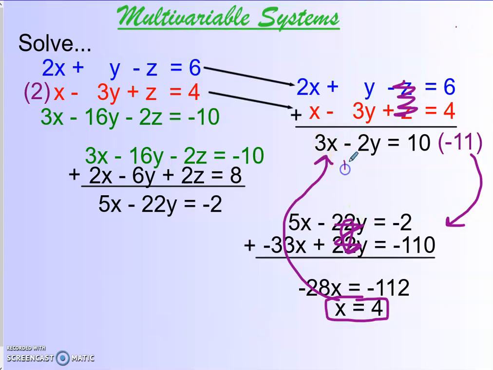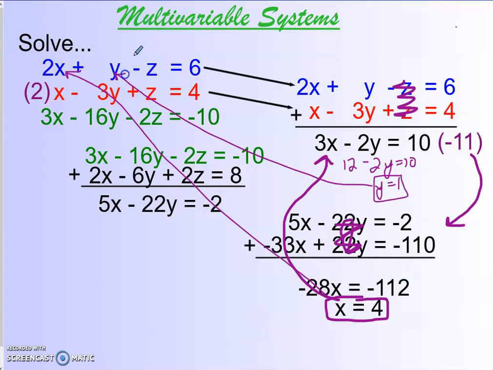So this is 12 minus 2y equals 10, and I'm going to do a lot of math in my head here because I'm super smart, and I'm going to get y equals 1. And now that I have x and y, I can plug them in, say, to this equation. I can plug in an x there, a y there, and I can solve for z.